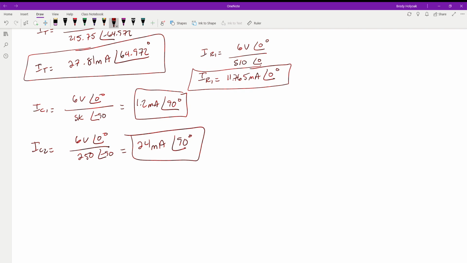And then again, we can go through and Kirchhoff this one. I'm not going to go through it on this one, but you can, and everything will work out, to where the current total is going to match the sum of all the currents going through each of the branches. So like I said, feel free to use this video, pause it as needed, and work it through yourself when you get to the beginning of the problem.